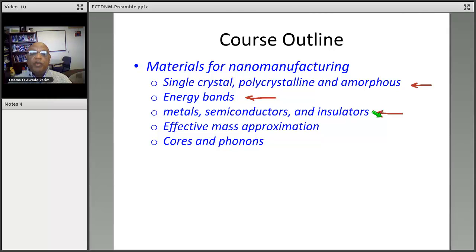And then from there we'll move on and cover effective mass approximation, which helps us treat issues with solids in terms of a simple theory incorporating classical mechanics. And then we'll move on to looking at cores and phonos.